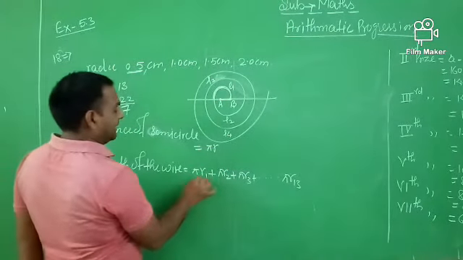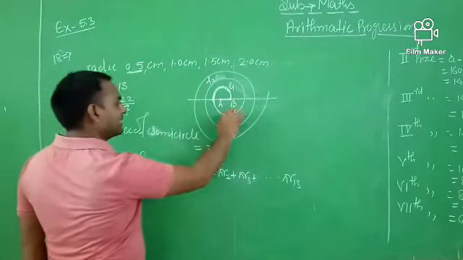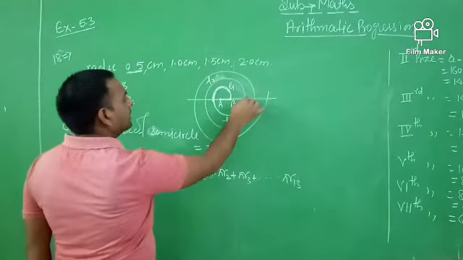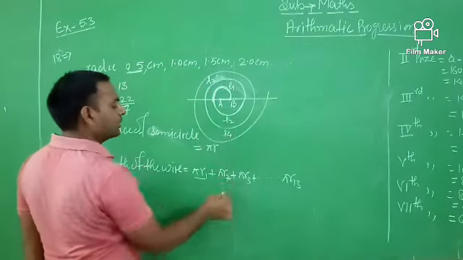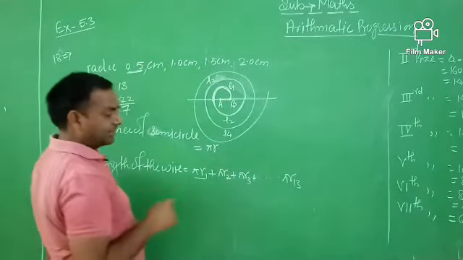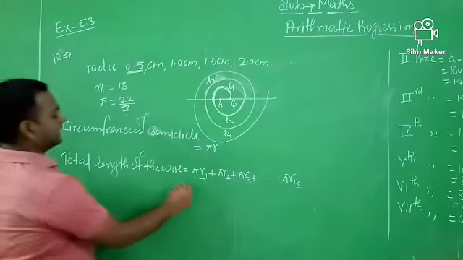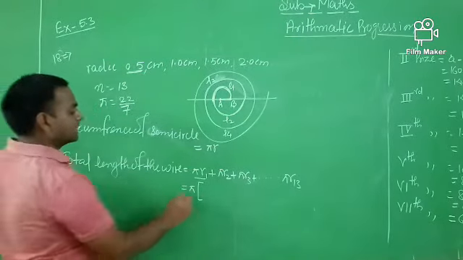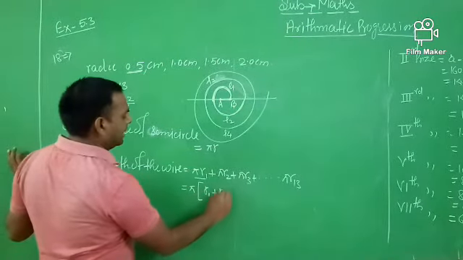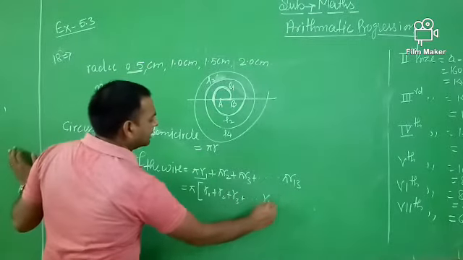Here you see the first semicircle, then the second semicircle pi r2, third semicircle pi r3, fourth semicircle pi r4, and like this the 13th semicircle has radius r13. So we take pi as common: pi times r1 plus r2 plus r3 and so on up to r13.